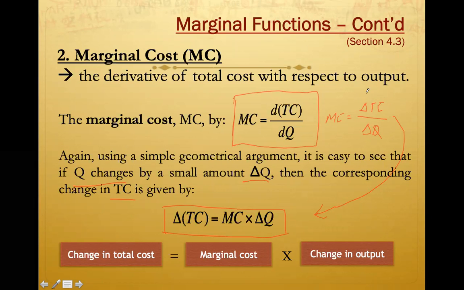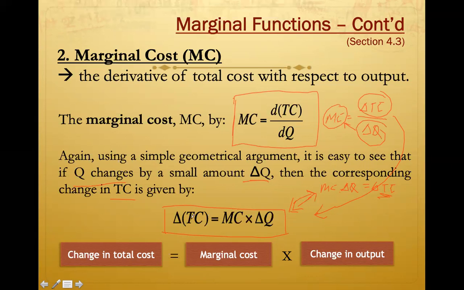This is just putting delta TC here and multiplying it with MC. So actually MC times delta Q equals delta TC. So this is just the same thing with different components on the left and right hand side.